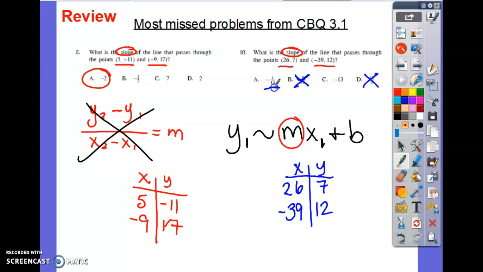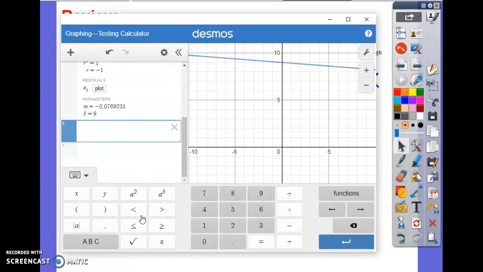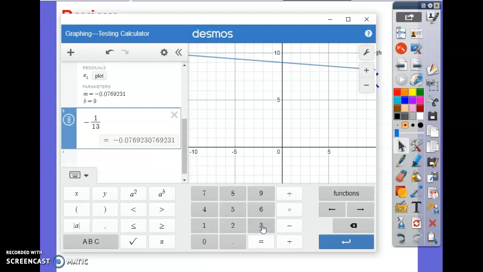So now I'm left with a negative fraction or a -13. It's not going to be the -13. Let's try -1/13 in decimals right here. -1 divided by 13. It gives me the same thing. Okay? So that's my slope.